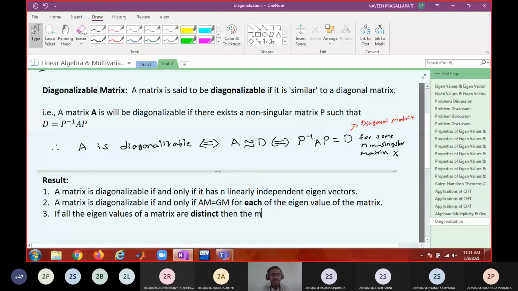Then that matrix is diagonalizable. Yes, then the matrix is diagonalizable. Okay, what is the next point? If some of the eigenvalues of the matrix are equal, then what can you say about diagonalization? Can you say that it is diagonalizable or not diagonalizable?